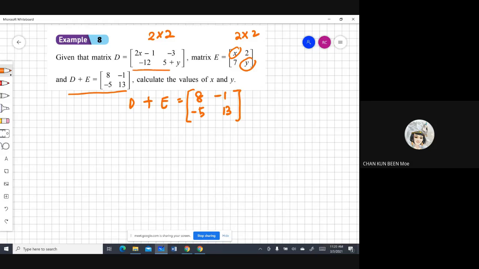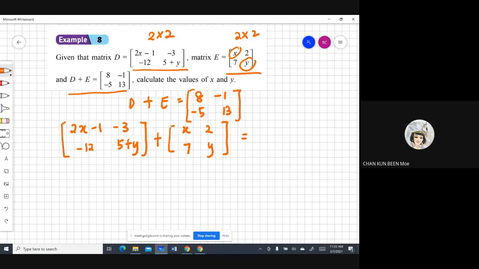You know that D is equal to this, so for matrix D you copy down 2x minus 1, negative 3, negative 12, 5 plus y, in brackets, plus matrix E, which is x, 2, 7, y, equal to 8, negative 1, negative 5, 13. All are individual numbers.